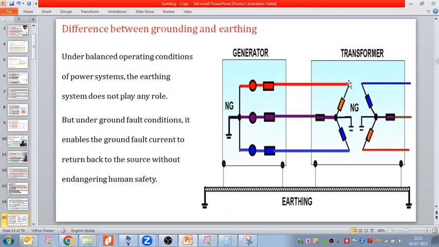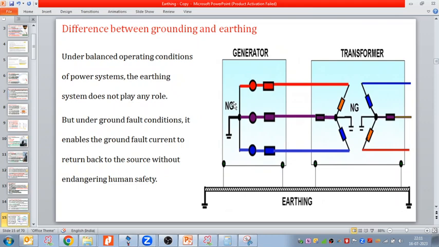Let us see here. We have the generator and the transformer, right? So here we have the generator R, Y, B phase, and here we have the neutral point. If we connect this neutral to the ground, we call it neutral grounding, right? Similar case with the transformer, the LV voltage and the HV voltage, and suppose we have star winding on both sides. If we connect this neutral or star point to the ground, we call it NG, neutral ground.